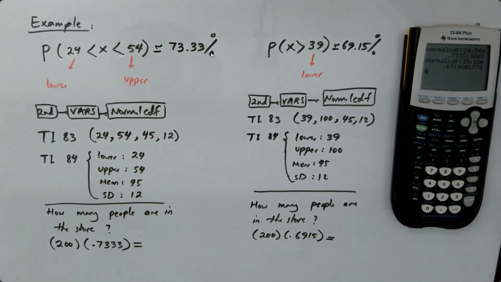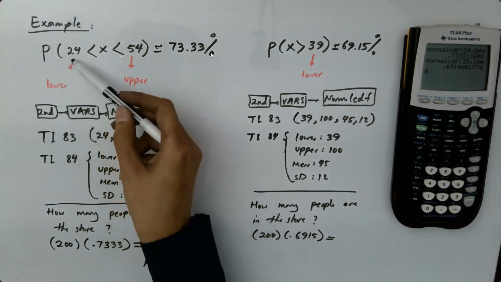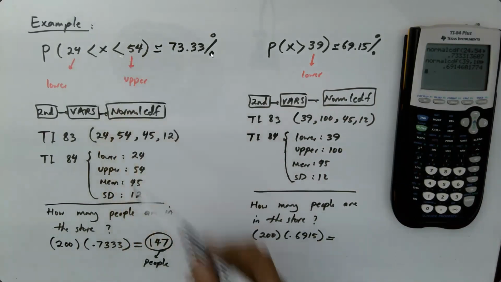So if you multiply 200 by 0.7333, you're going to get about 147 people in the store. So it means that in the store you have 147 customers who spend between 24 to 54 minutes. What about the second one?